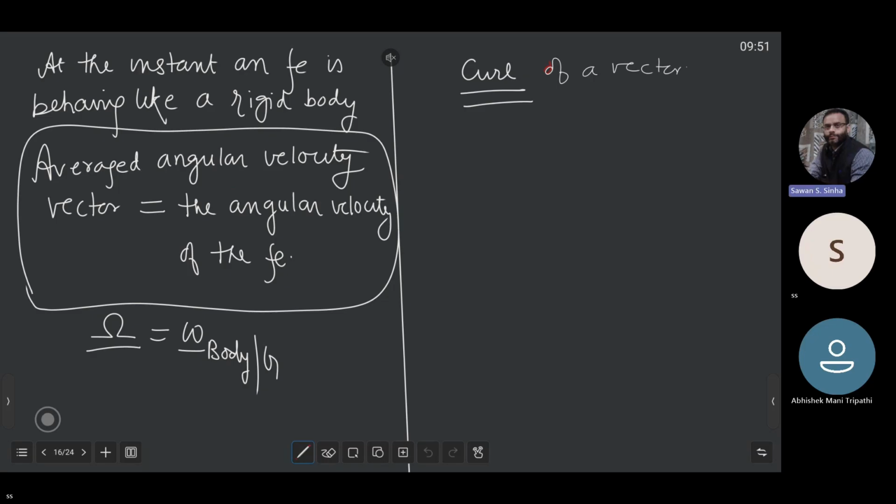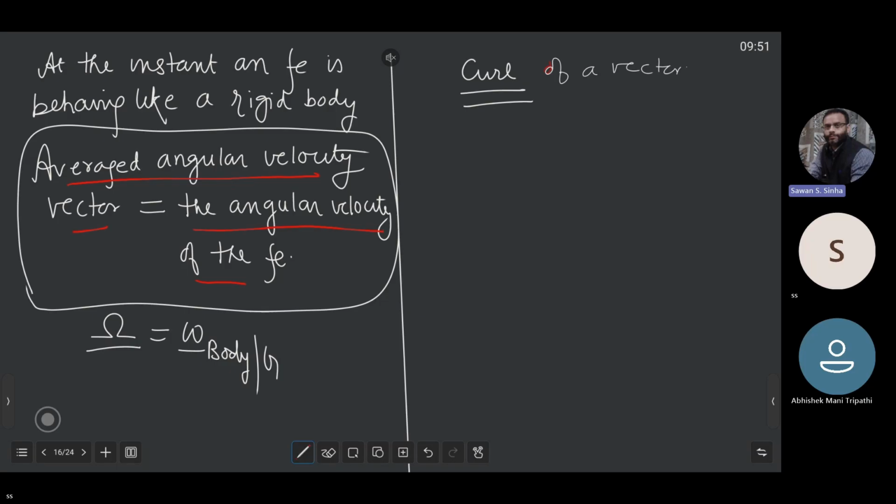Now, if a fluid element is behaving like a rigid body at a given time, all 6 conditions are satisfied, guess what? The average angular velocity vector will become the unique angular velocity vector of the fluid element.